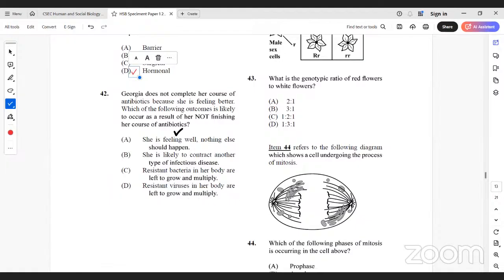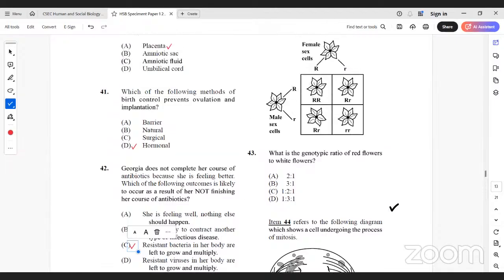She's using antibiotics. You don't use antibiotics to treat viruses. So C is the answer. Notice they just changed one word in those answers. That's why I'm encouraging you to take your time and read carefully.